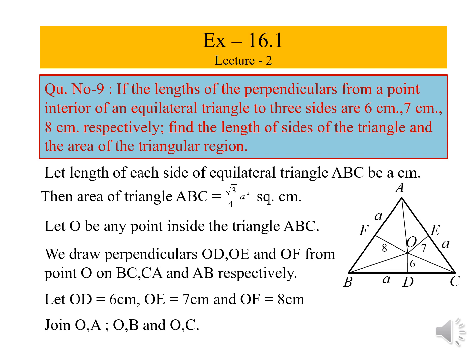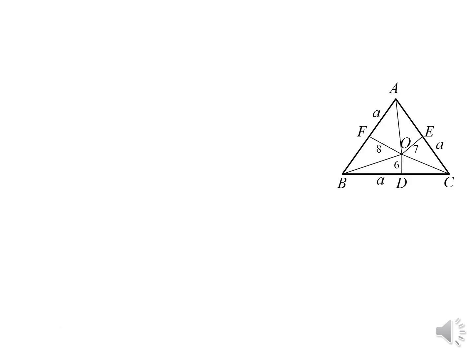Now we will find the area of these three triangles, and the sum of the areas of these three triangles is equal to the area of the whole triangle ABC.